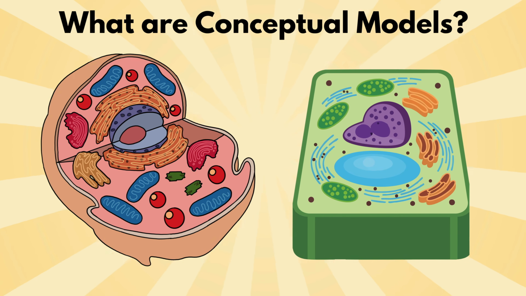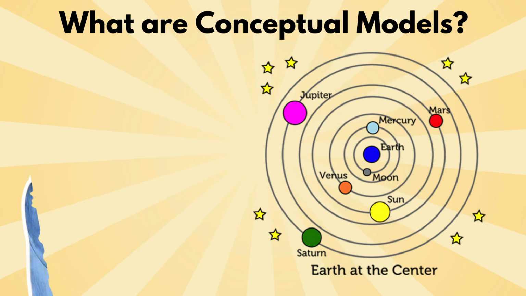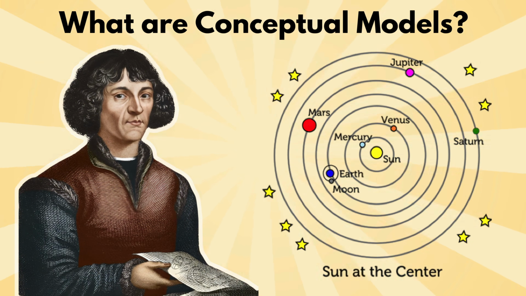Cell diagrams label organelles, so we now know what's inside and how they connect. Even our early solar system models, like the Earth-centered system of Ptolemy, were conceptual. Later, Copernicus simplified it into a sun-centered system, which better fit the data.